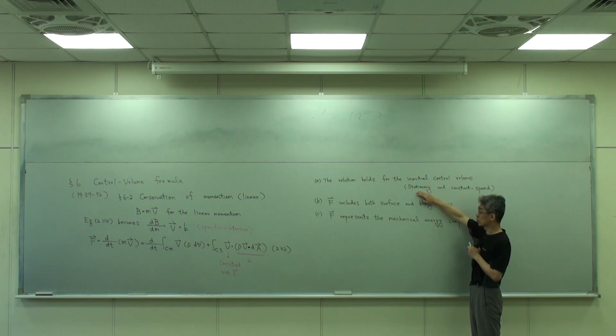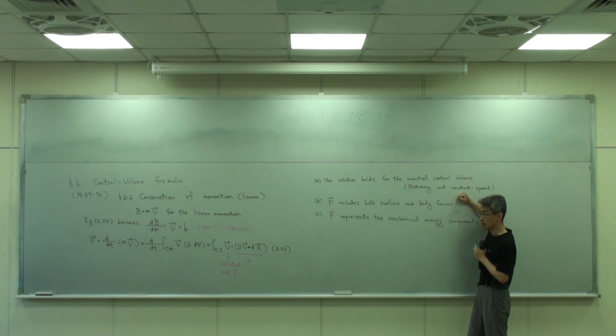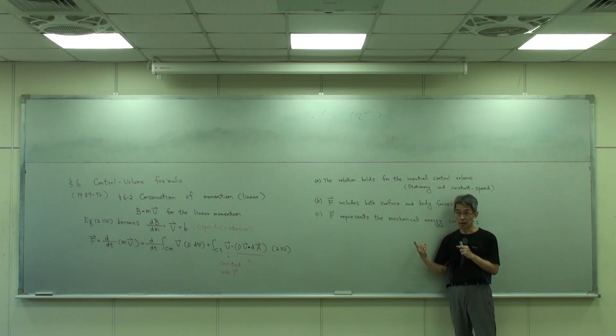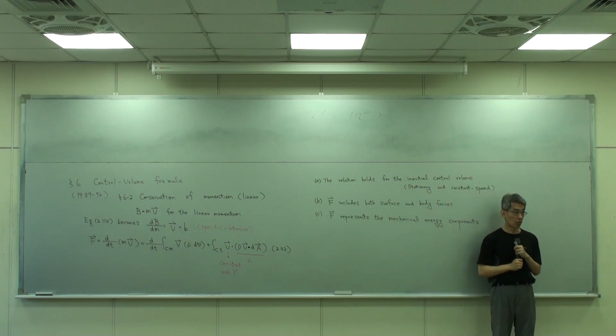This is true for stationary and constant speed. If you have an accelerating control volume, you need to consider the external force, additional force. Okay? Anyone have an idea about what kind of case is the accelerating control volume?